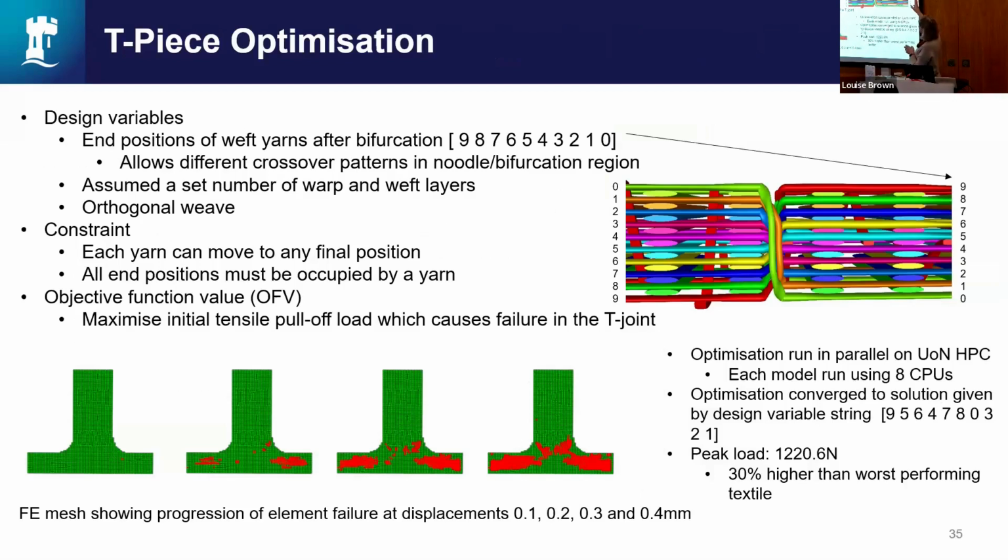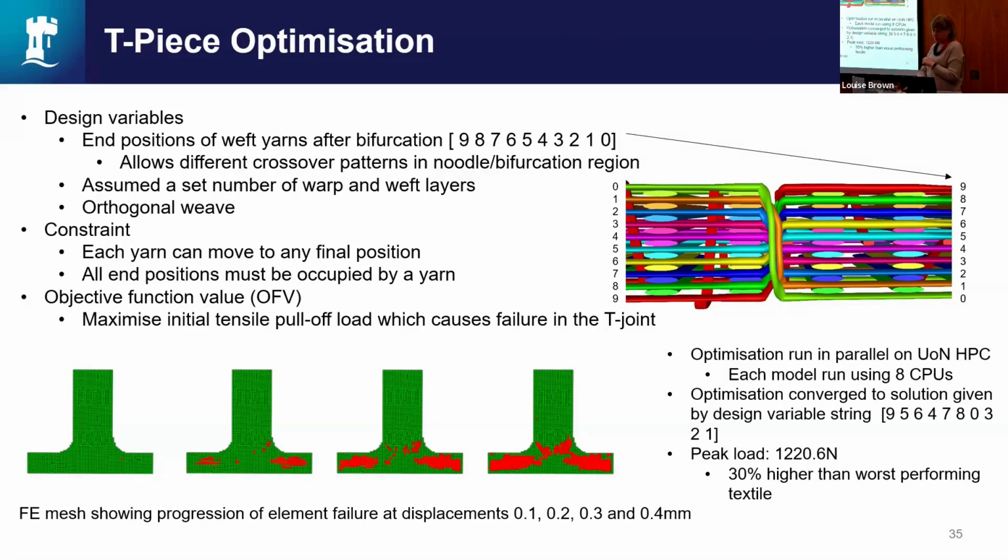The design variables were basically, he had a 10-layer textile, so he assigned the yarns numbers here, and the design variable was the order that they end up in. Got it all working, and these are some of his final results.